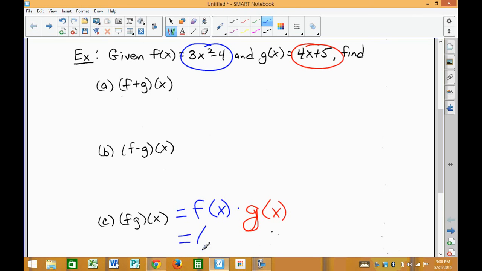Okay, so in parentheses, 3x squared minus 4, parentheses, 4x plus 5.